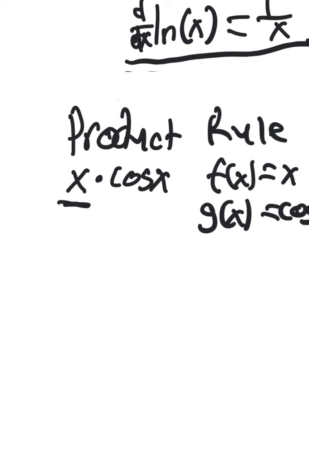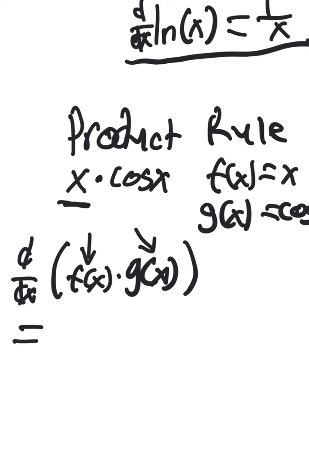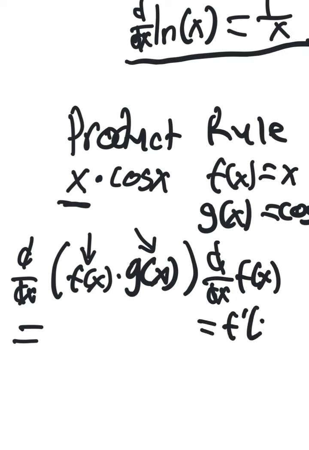So the product rule says that the derivative with respect to x of f of x times g of x equals, there's something that can help you remember. It's left d right plus right d left. So this is the left one and this is the right one. And another notation that I should have showed you earlier, which is very important, is that we write the derivative of f of x as being f prime of x.